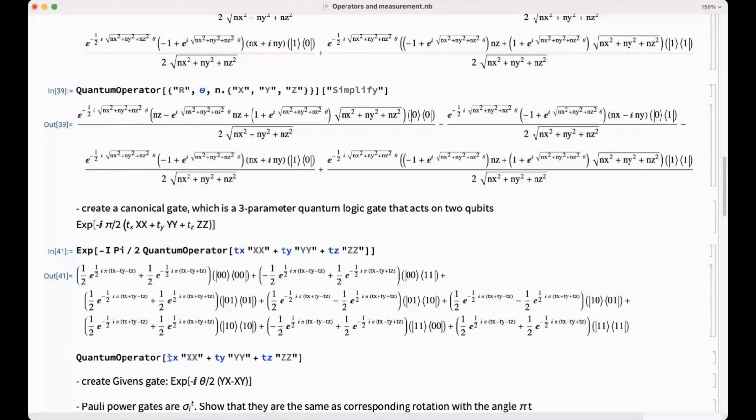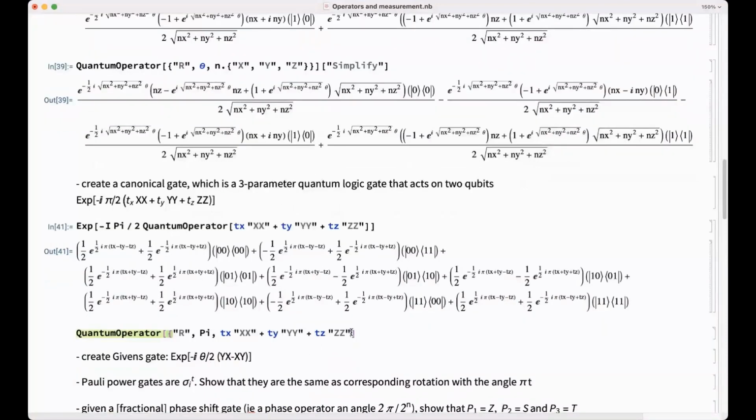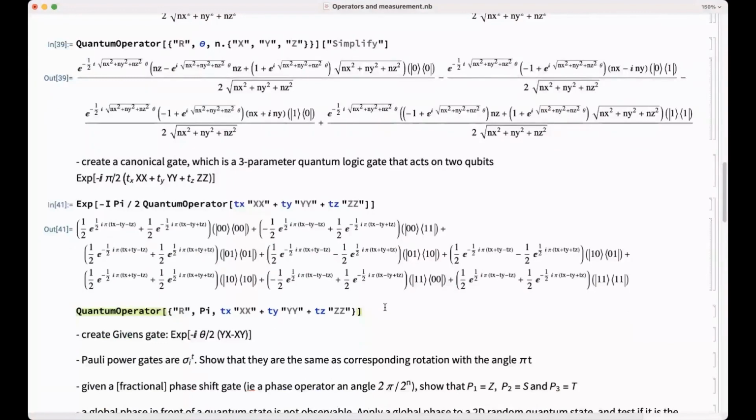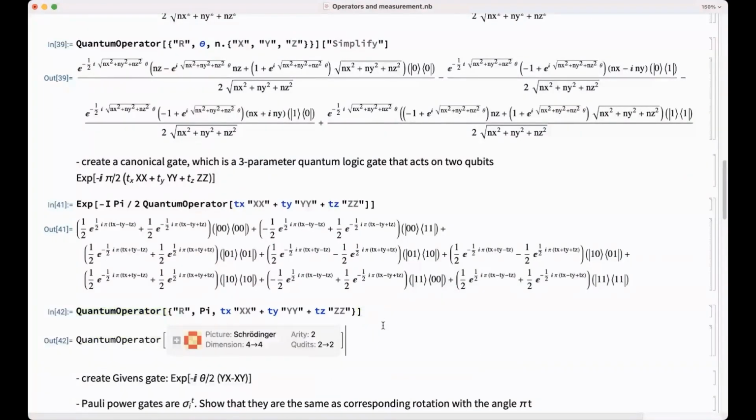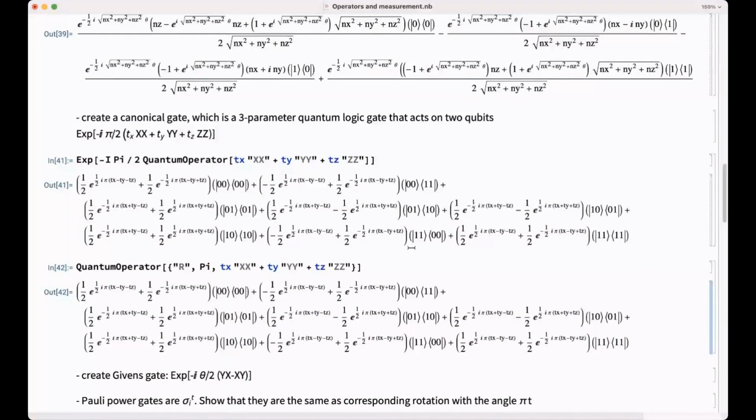Another approach would be to recognize this is a family of rotation operators. The only thing you have to remember is that by definition, that angle is pi, so the one half is automatically included. That's the second, shorthand way of specifying that canonical gate. And by the way, one other comment: when we say XX, our framework automatically understands that it means Pauli X on the first qubit and Pauli X on the second qubit.